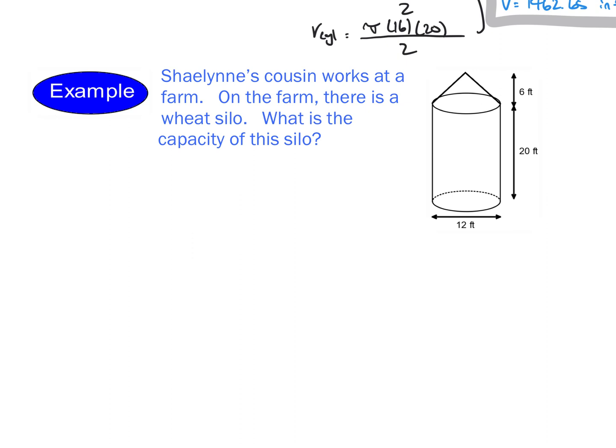So we'll start off with volume of cylinder. And the formula for volume of a cylinder is pi r squared h. What's the radius? 6, very good. The height? 20. Good.